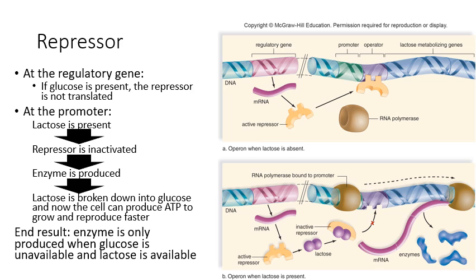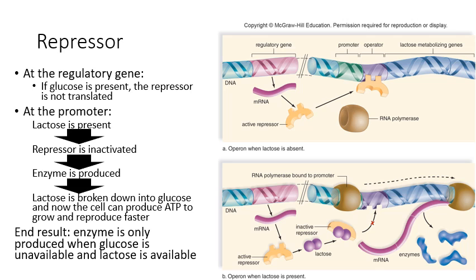The lactose is going to bind to our repressor and inactivate it. If it's inactivated, it can't bind to the operator. If it can't bind to the operator, then RNA polymerase can bind to the promoter, and we can go ahead and transcribe this DNA and make the enzymes that are going to break down lactose.